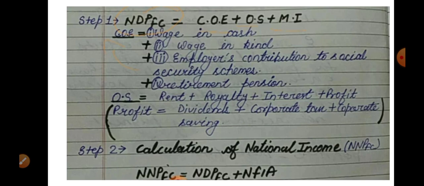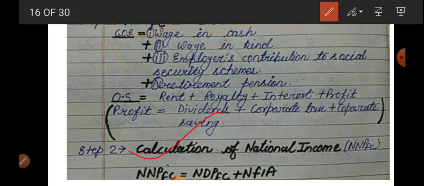Operating surplus is the sum total of four things: rent, royalty, interest and profit. Profit includes three things: dividend, corporate tax and corporate saving. So adding all these, you get NDP-FC. Okay, and for calculating national income, we want NNP-FC. So there is one difference: you are moving from domestic to national, so you are going to add NFIA.